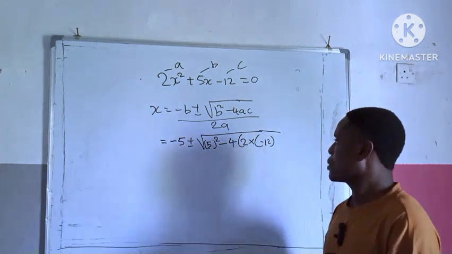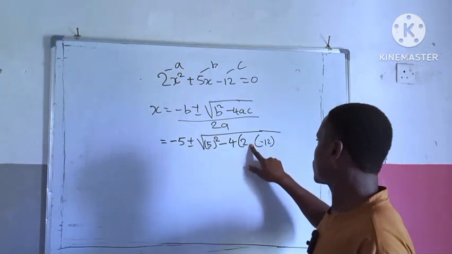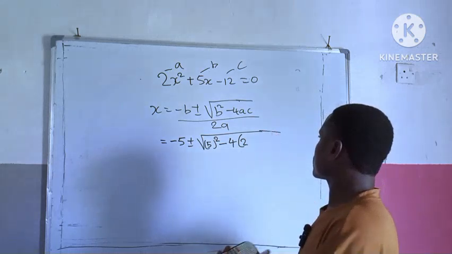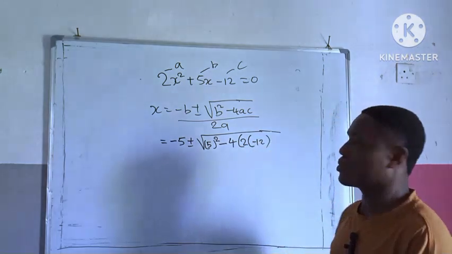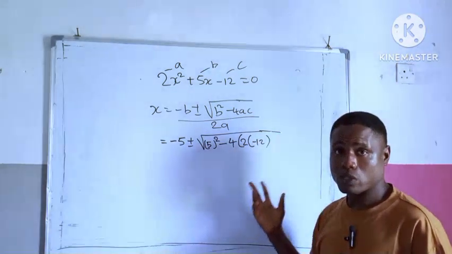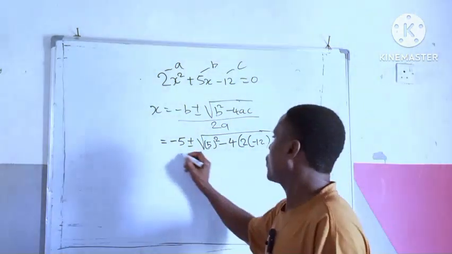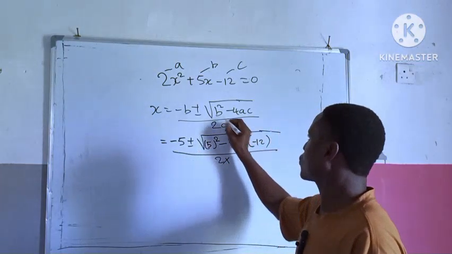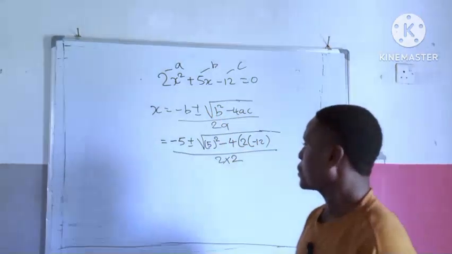If you don't want to put the bracket signs, you can write it straight, the same thing. It's because of the minus sign that we are putting the brackets. So all over 2 times a, and a is 2.